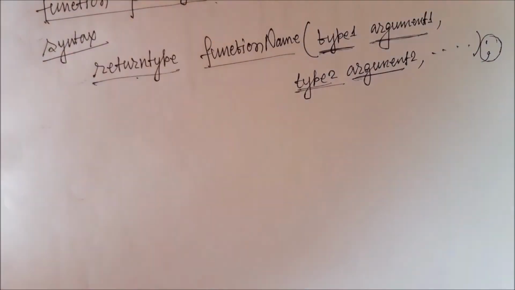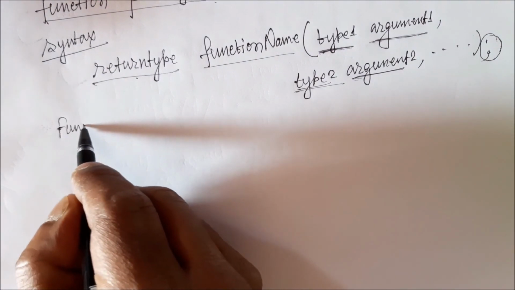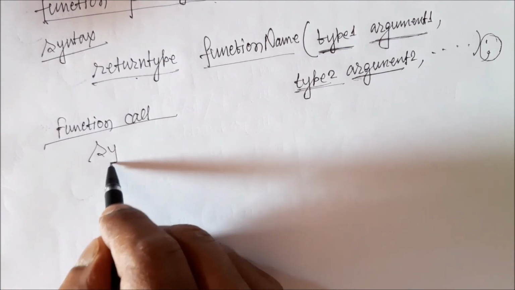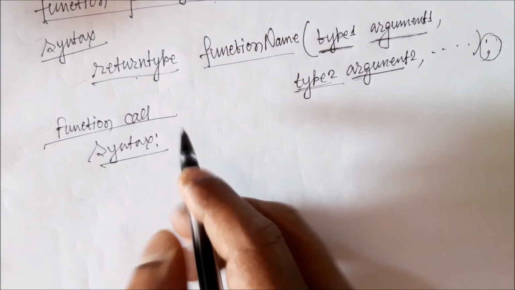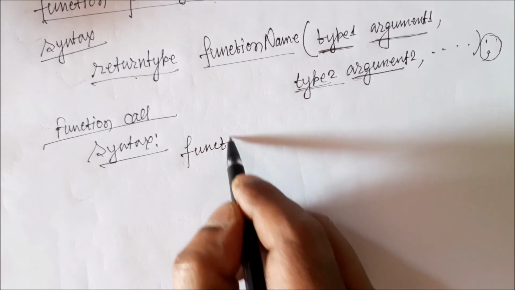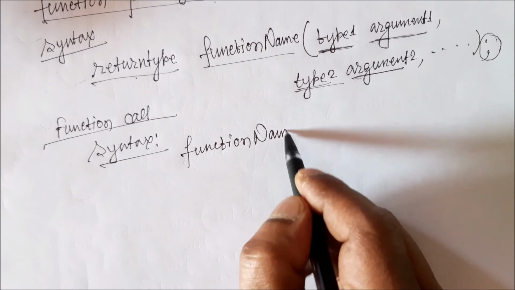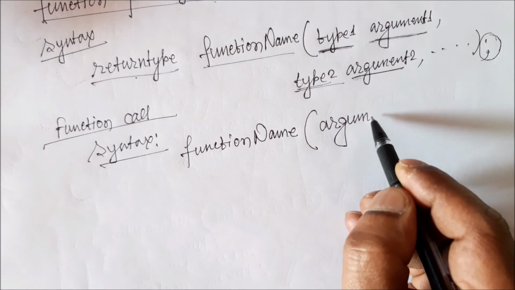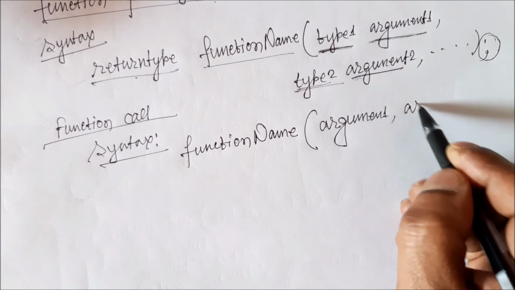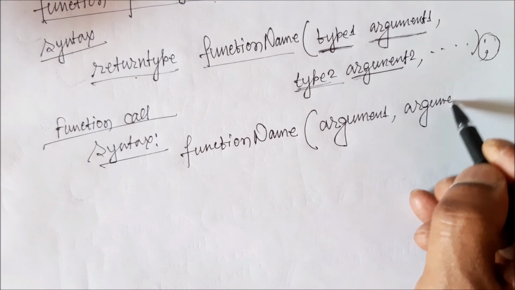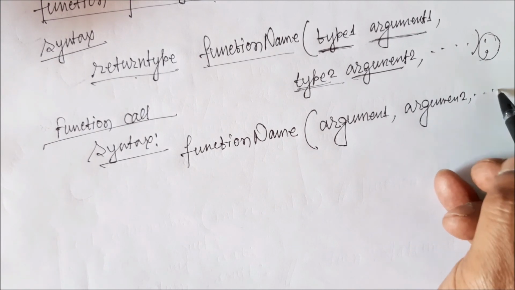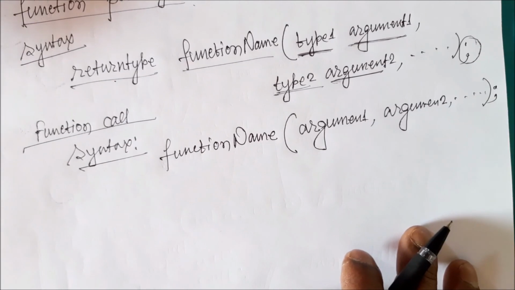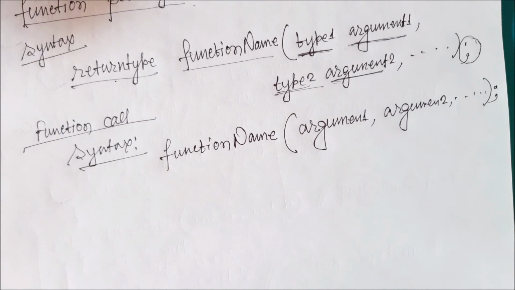Syntax of function call: function name, then argument 1, argument 2, in this way there may be so many arguments, and at the end there is a semicolon. Okay.